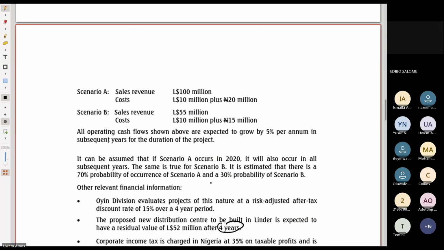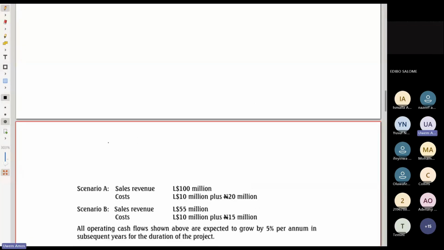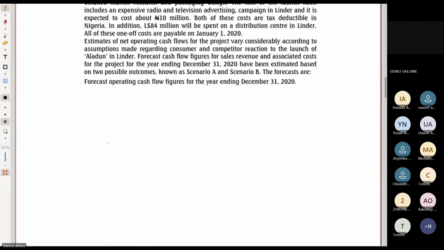Under scenario A, we have our sales of 100 million, but for what year? Let's be very sure. It says right here that the forecast operating cash flow for the year ending December 31st, 2020 is as follows.